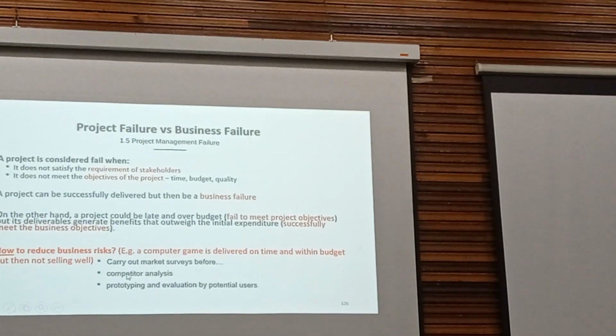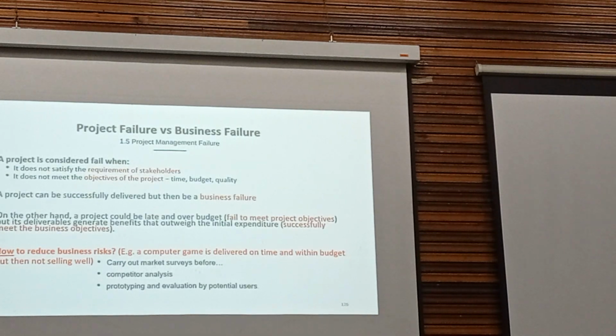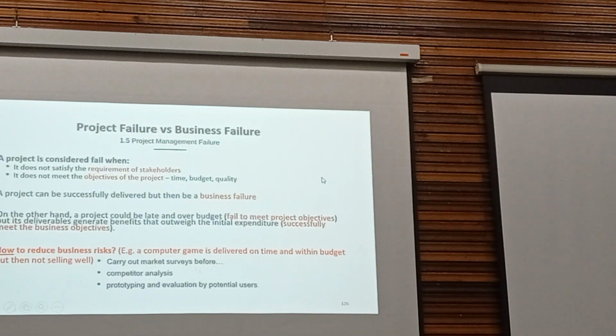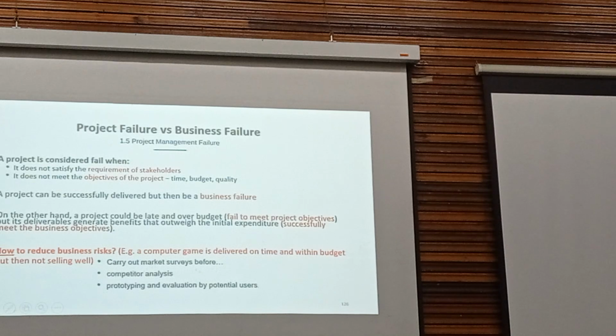Do competitor analysis. Do a prototype and evaluation by potential users, to find out whether or not potential users like your game. So these are techniques to reduce business risk.